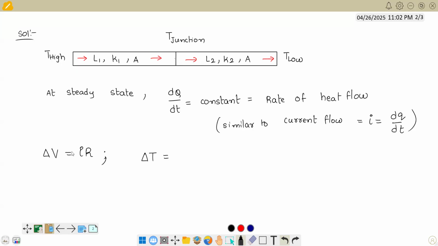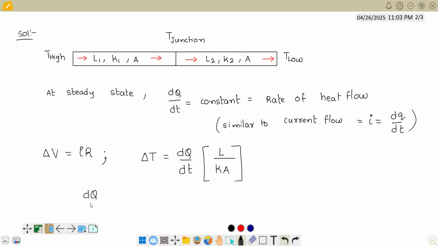So delta T equals I, which would be dq by dt, times the resistance, which would be L by K. This is the general formula. This would be the formula for resistance, this is the formula for current, this would be the temperature difference. We will use this formula in the NCERT.